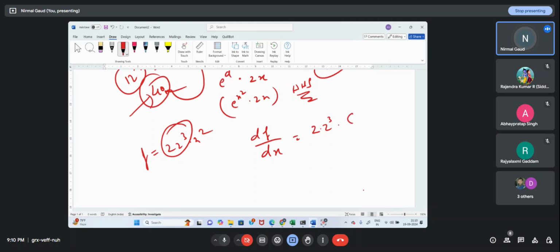The differentiation of x square is 2x. So my answer will be 2 into 2 is 4xz cube. And if I do df by dz, in that particular case x square is constant. Then differentiating the z term, it will be 6z square x square. This will be the answer.